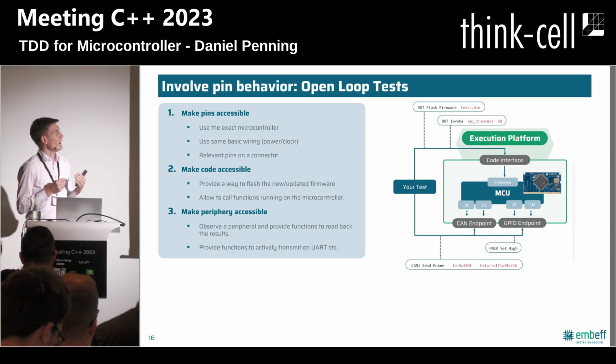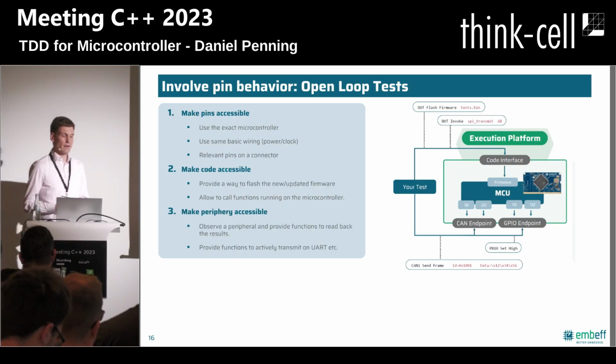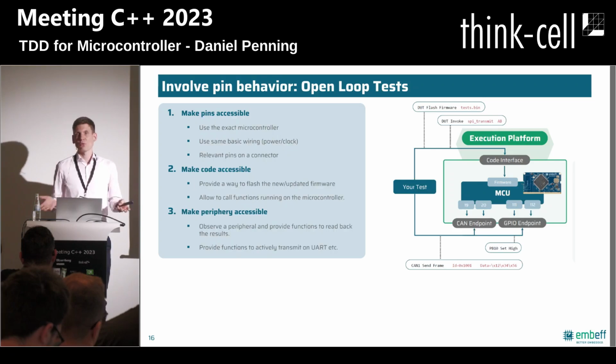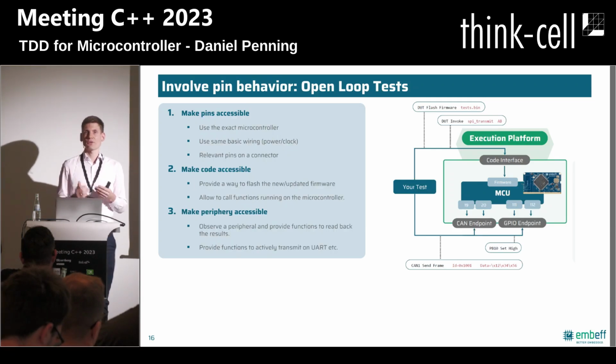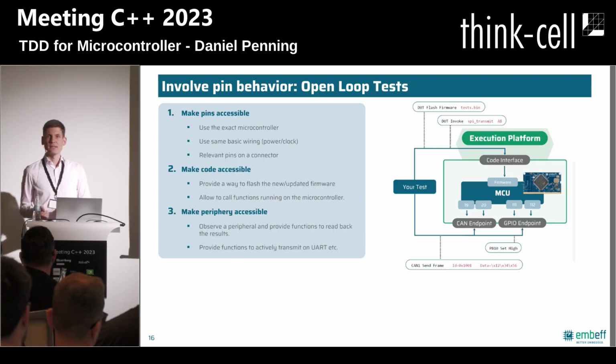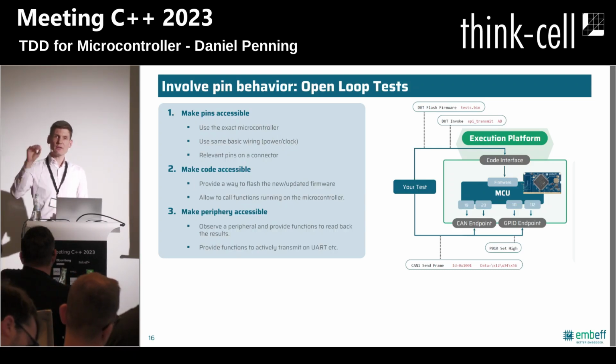So open loop testing makes 3 requirements. First, you need to have your pins accessible. So you want to test on the pin level of the controller, so you need to have it accessible. Second, you have your code accessible, so that you can call single functions in the code and see what they are doing.